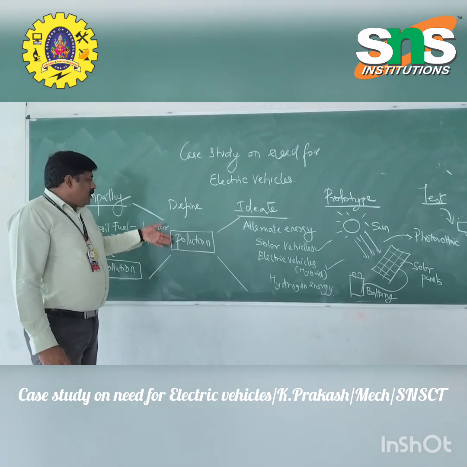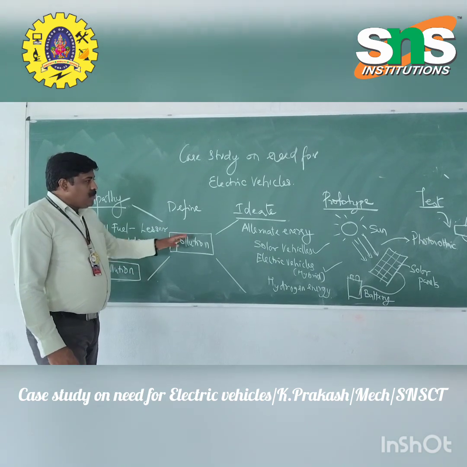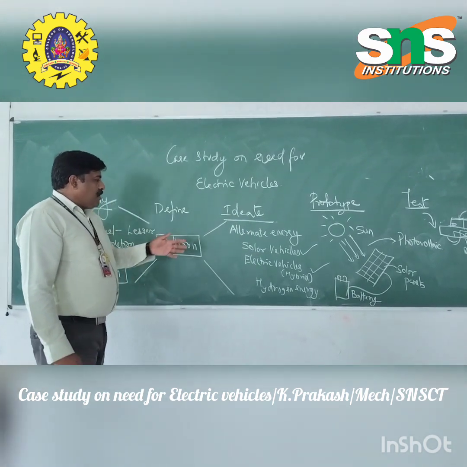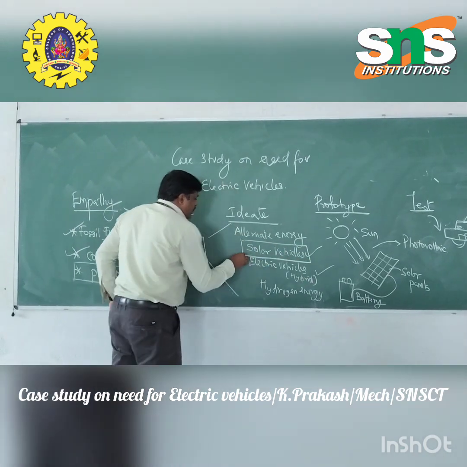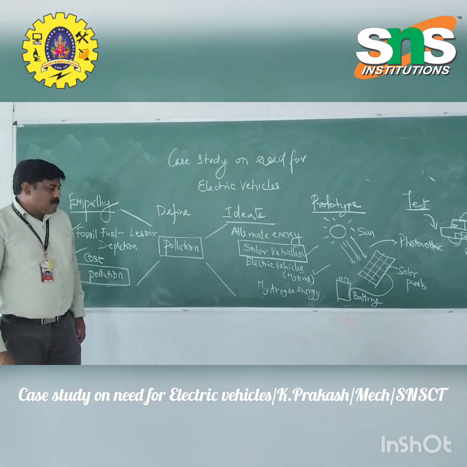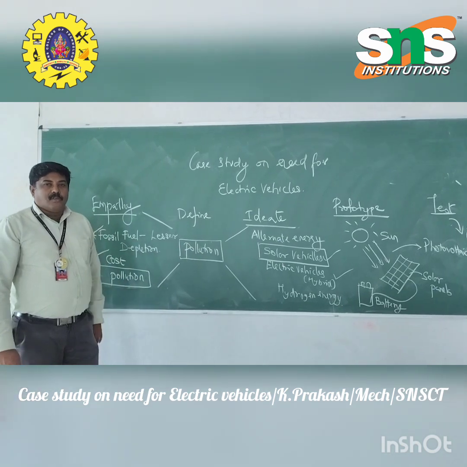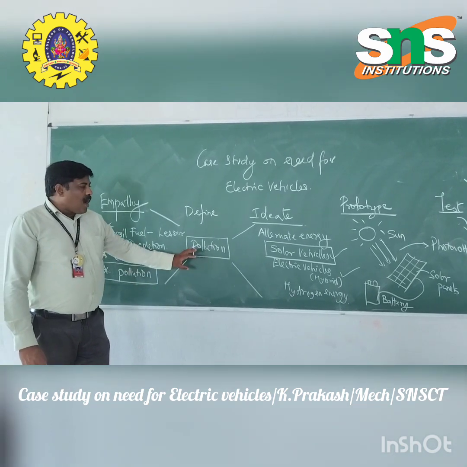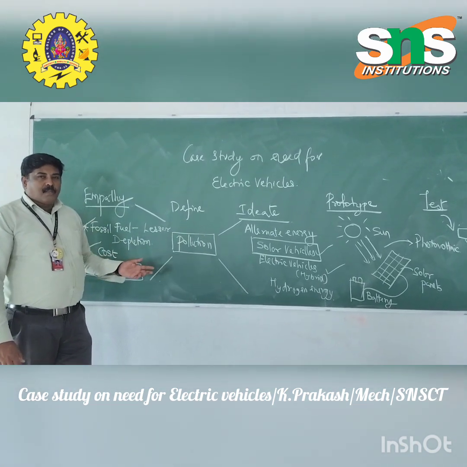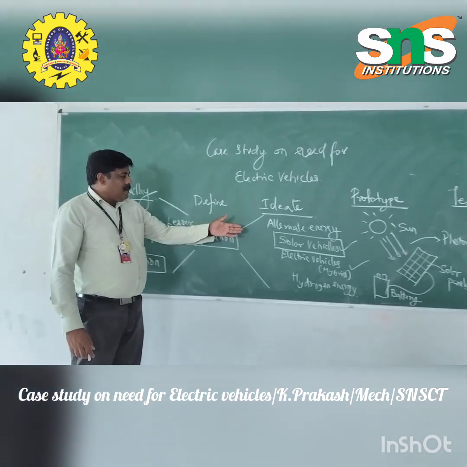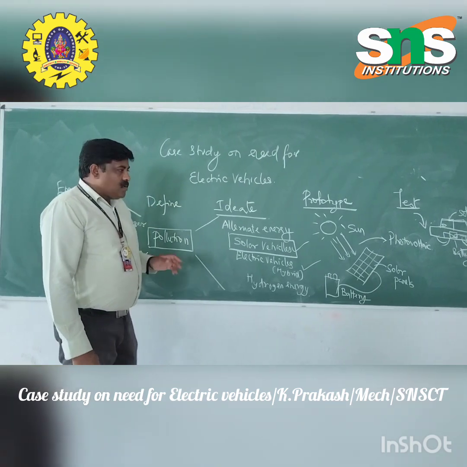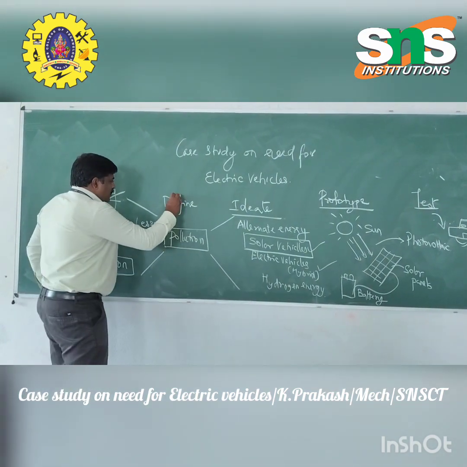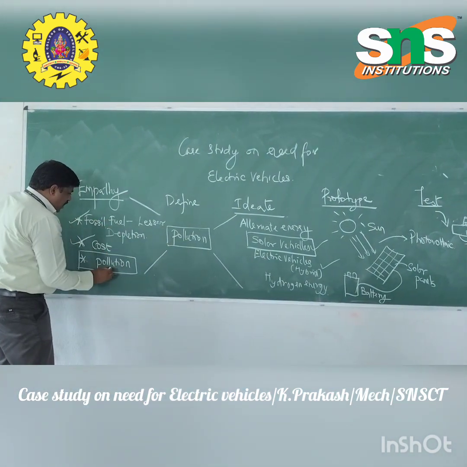Based on the studies which are available, the testing of these electric vehicles gives benefit in these defined parts. So by using this photovoltaic method, or by using these solar vehicles or the solar energy, pollution is reduced. No unwanted gases or byproducts come in the case of solar photovoltaic. So this is achieved. This empathy part is achieved.